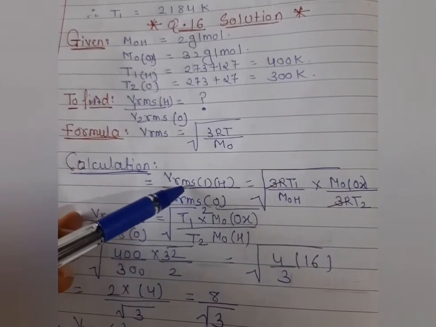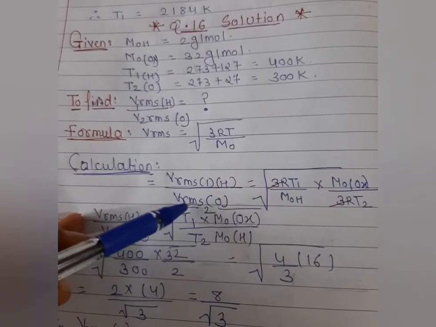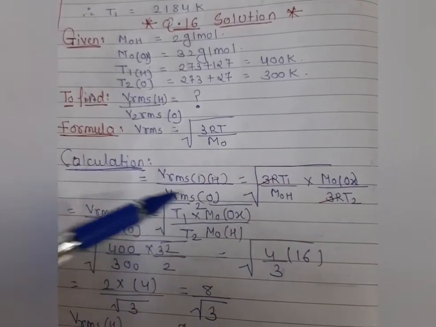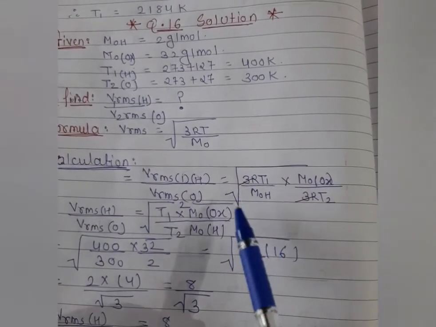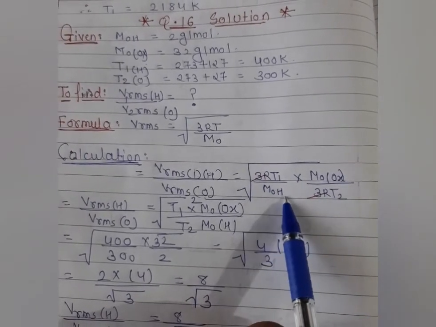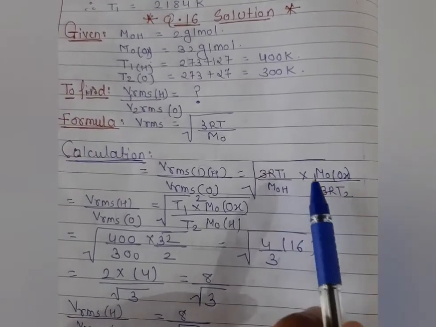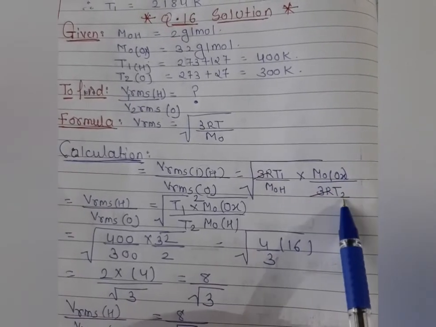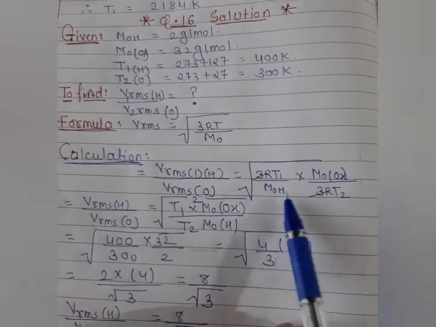Here I am taking Vrms 1 and Vrms 2, where 1 is for hydrogen and 2 is for oxygen. For hydrogen, the temperature is T1, and for oxygen, the temperature is T2. Here you can see we are taking the ratio.